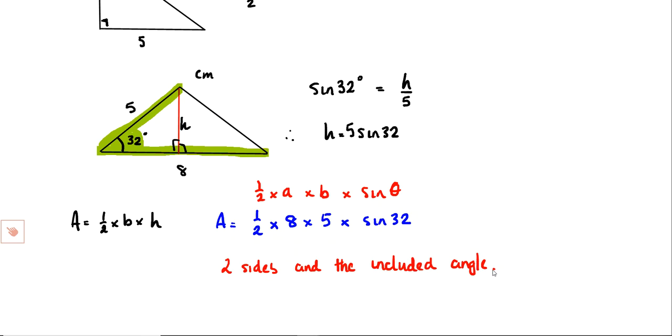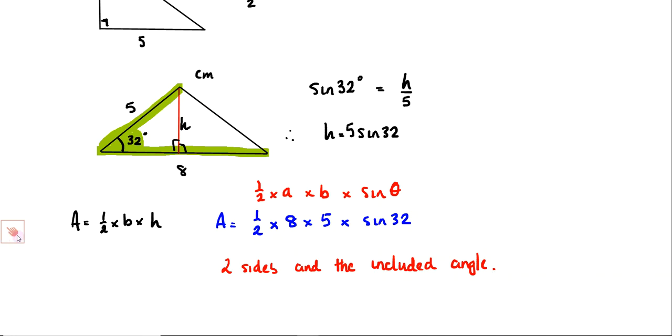What do I mean by it being the included angle? The angle created by the two sides. Yeah, so the two sides that I know must be the ones that create the angle that I know. Does that make sense? Yeah.